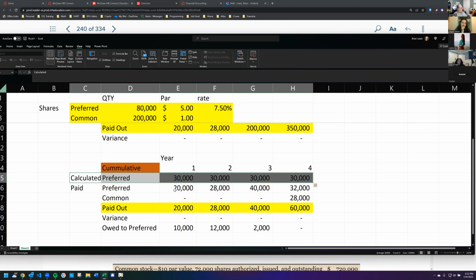Then you put in some blanks for what is paid out, and you have an actual paid out amount. Then you're always trying to distribute the $20,000 in this case, first to the preferred and then to the common. And you just check the variances. Number one, have I allocated all the money? And two, is there anything accumulating over time for the preferred shareholder?